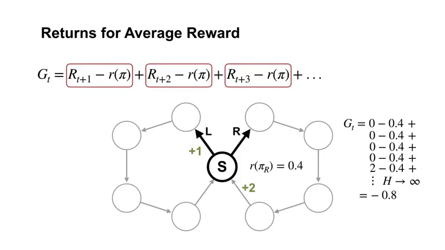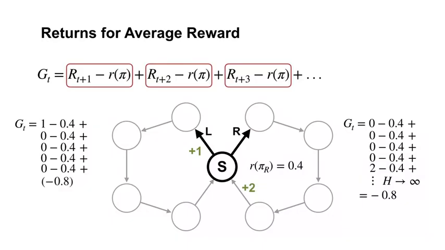Like before, we break up the sum into two parts. Taking the left loop once results in a sum of minus 1 over the first 5 time steps. Adding the differential return from following pi r from state S, which we found to be minus 0.8, results in our answer of minus 1.8. Once again, we see that the right action is preferred.